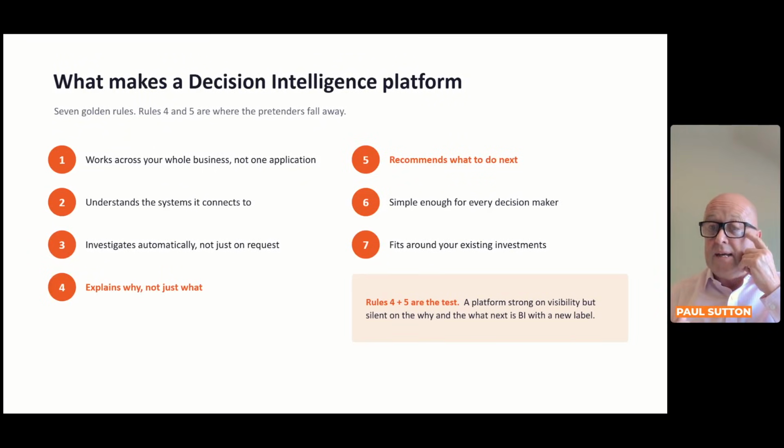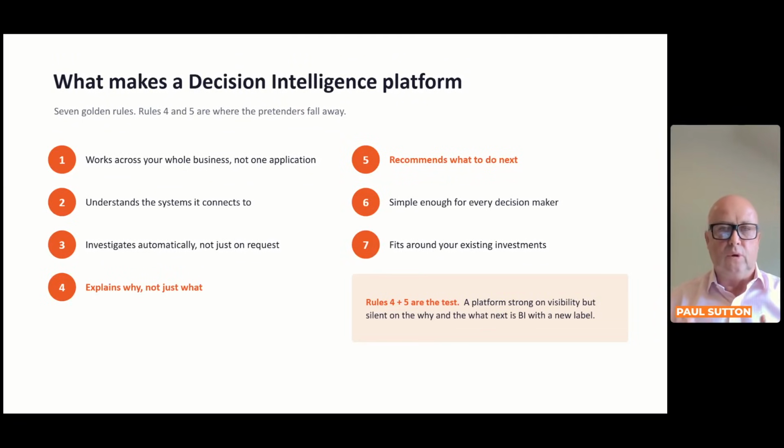It's the sort of thing that you're probably not capturing in an existing report or dashboard. What's probably most important is that it needs to explain the why. If you think about the decision gap, something strikes somebody's attention, and somebody's tasked with going off and finding out what happened. It's quite a manual process.